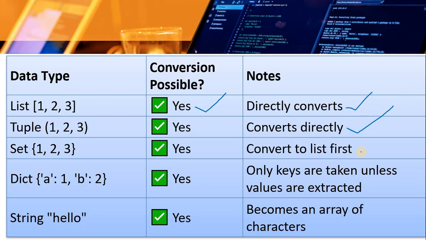First we need to convert it into a list. Remember this point. And if you want to convert any dictionary, by default only keys will be converted into the array elements. If you want to convert values also, we can do that, but by default keys are extracted. If you want to convert a string to array type, that will be converted as an array of characters.